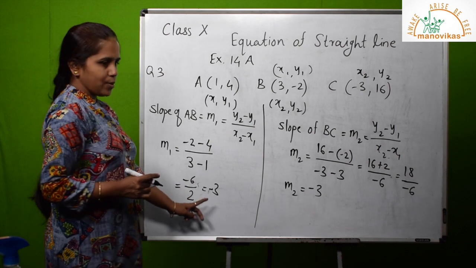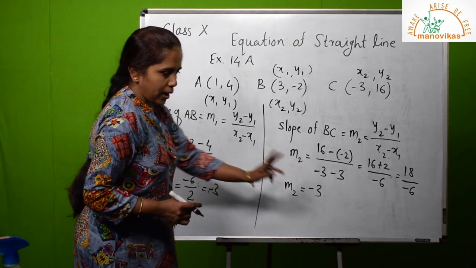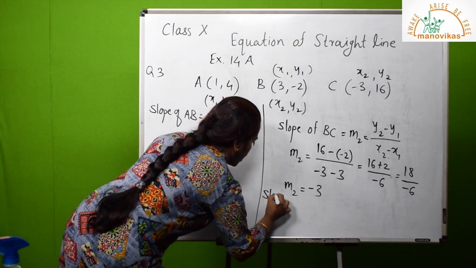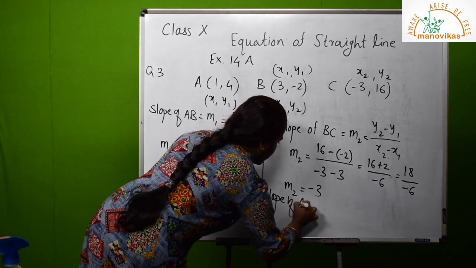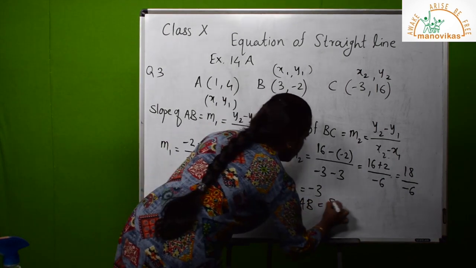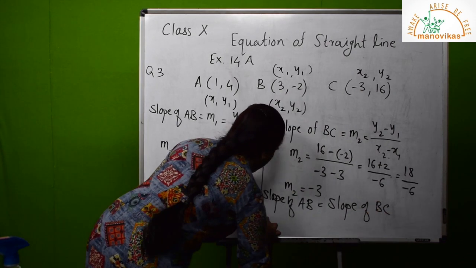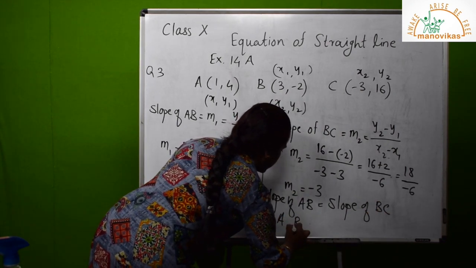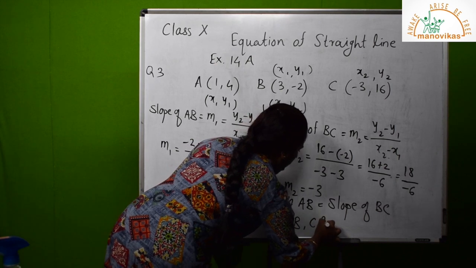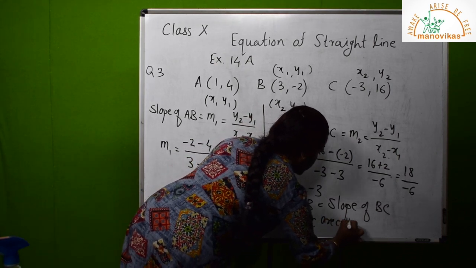So m1 is minus 3, m2 is minus 3. That is, slope of AB is equal to slope of BC. Therefore, we can say that A, B, C are collinear.